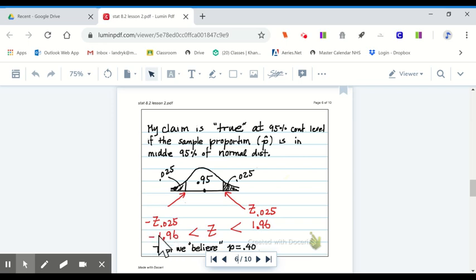So the z-score on the left side is negative 1.96. If we take a sample and I have a proportion p hat, and that p hat has a z-score between negative 1.96 and 1.96, we'll say we believe that p is equal to 0.4.